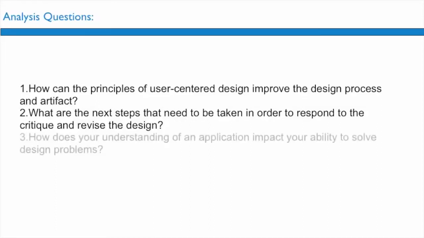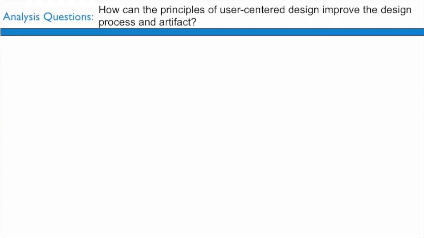And then finally, we're going to look at how your understanding of an application actually impacts your ability to solve design problems. Now, this is a somewhat philosophically complex discussion, and we're going to look at a couple of examples that can help demonstrate how what you know and how you know really influence what you're going to do.